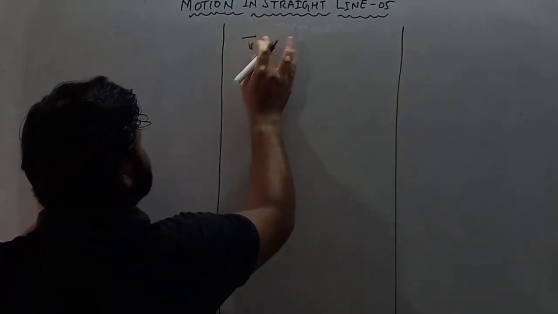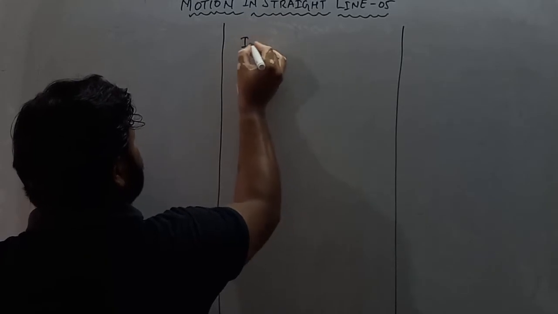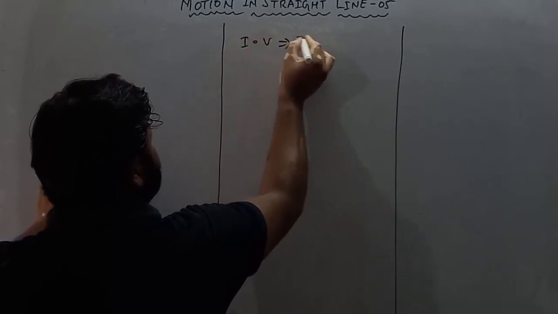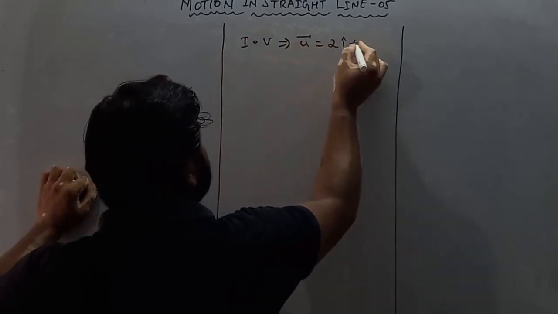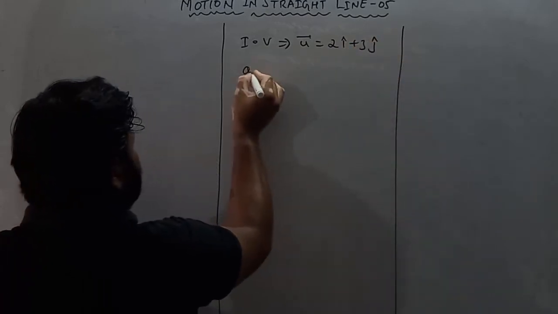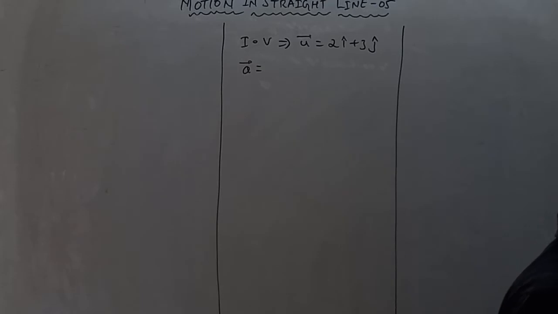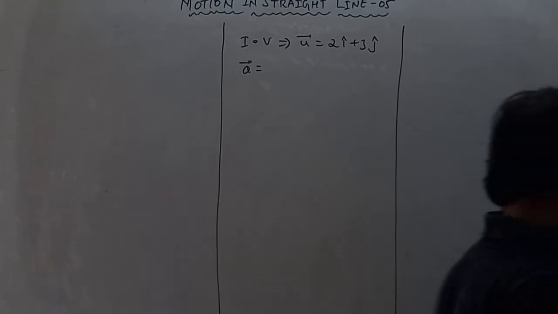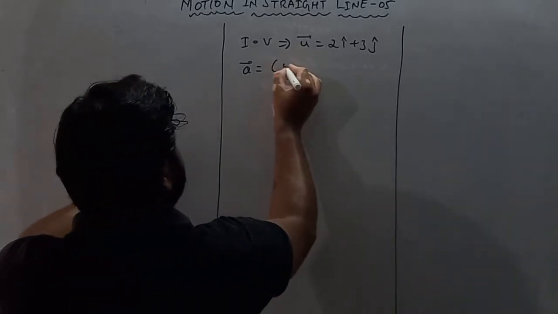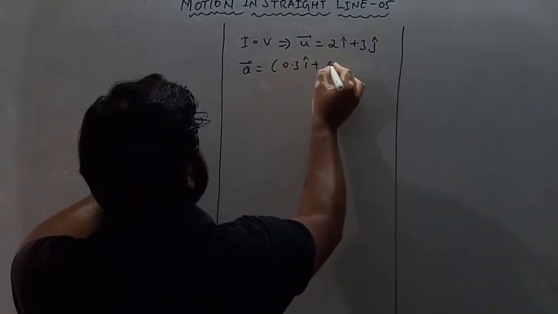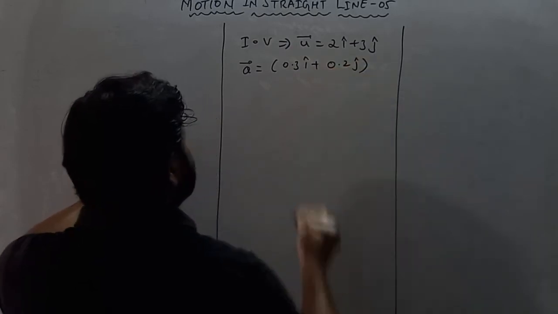Initial velocity, we know, can be written as the u vector, so it is 2 i cap plus 3 j cap, and in the question the acceleration is also present, and the acceleration is 0.3 i cap plus 0.2 j cap.